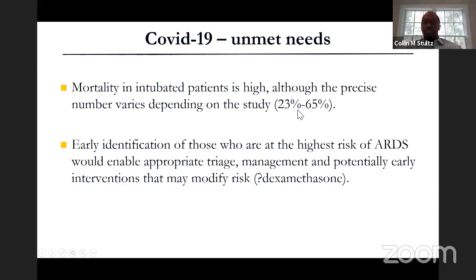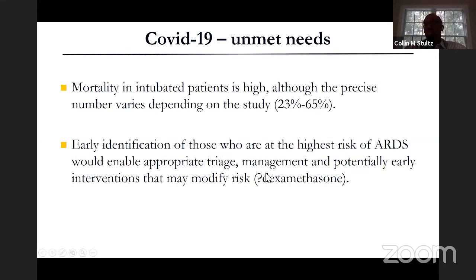So early identification of those patients who are at highest risk of ARDS and being intubated would be helpful because it would enable appropriate triaging, management, and potentially early interventions. There's been some relatively recent work showing that certain types of steroids can have a significant, beneficial impact on the course of these patients.